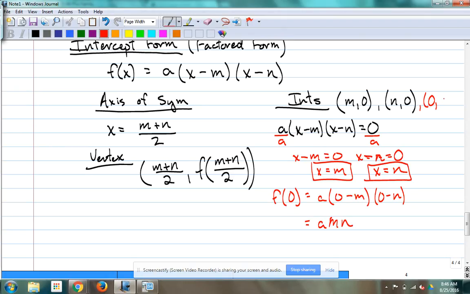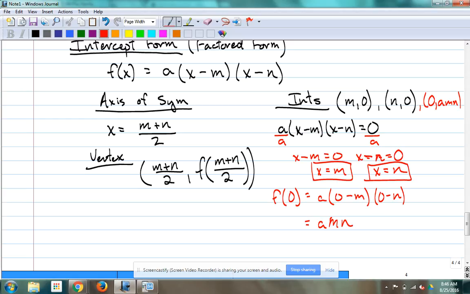I just plug in 0 for x and work it out. Whatever the signs of M and N are, you would multiply all those, but I'm just going to plug a 0 in for x and work it out, and not even think about A times M times N, even though that's what it is.